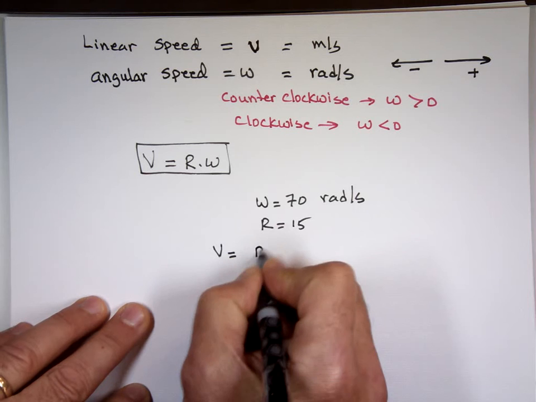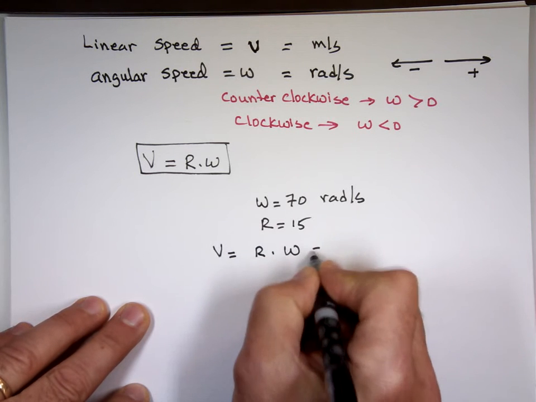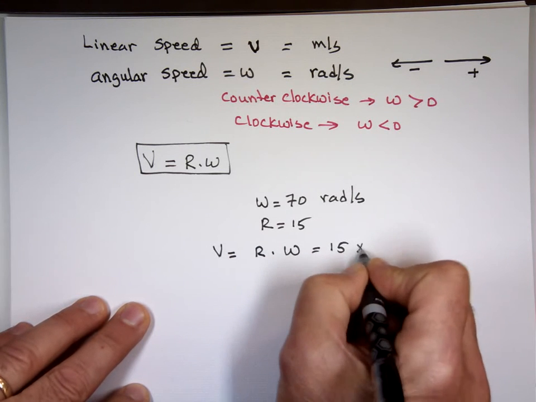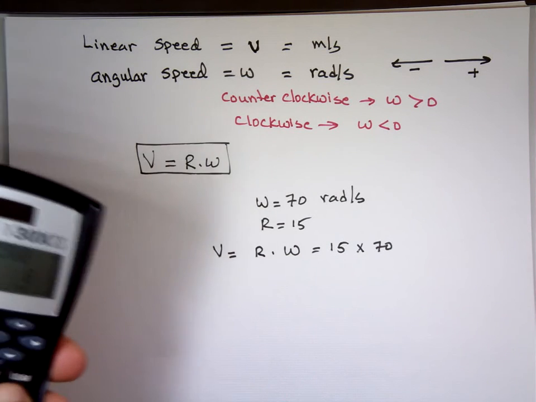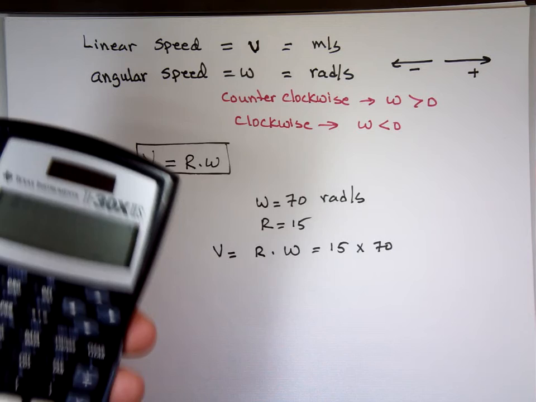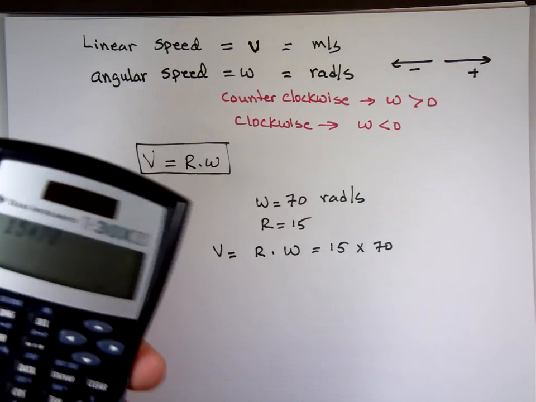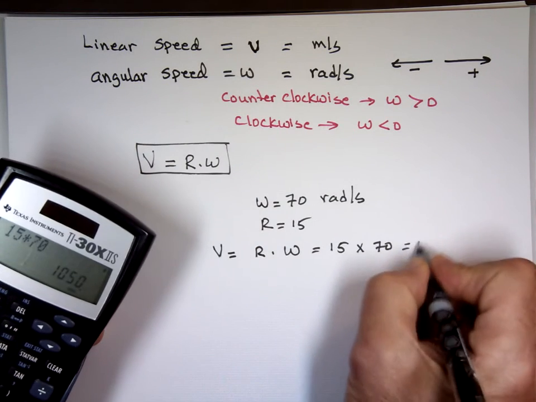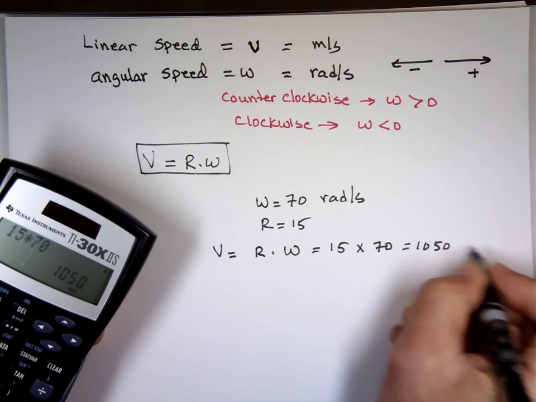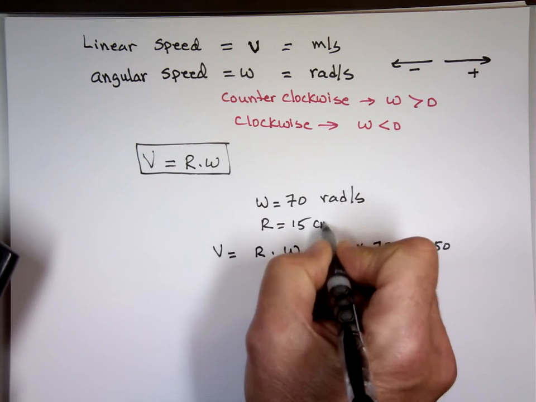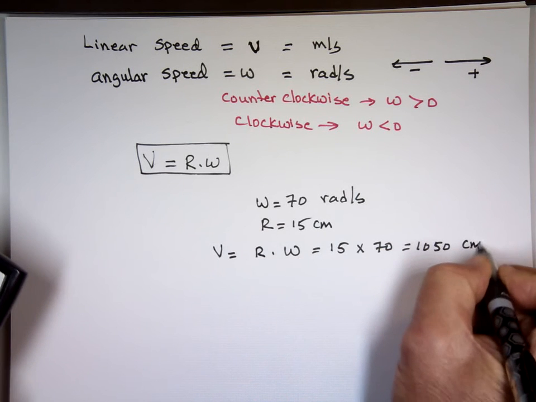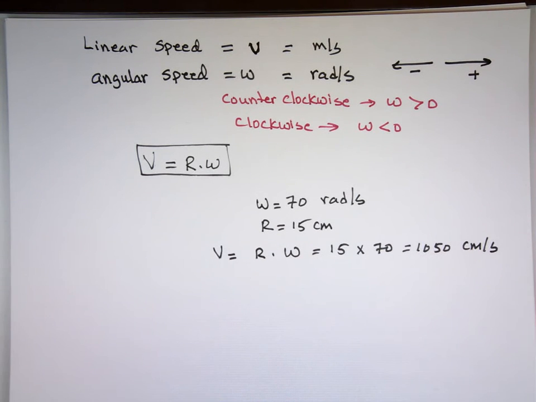R times W. 15 times 70. What's 15 times 70? 1050. If this is, let's say, centimeters, this will be centimeters per second, which is 10.5 meters per second.